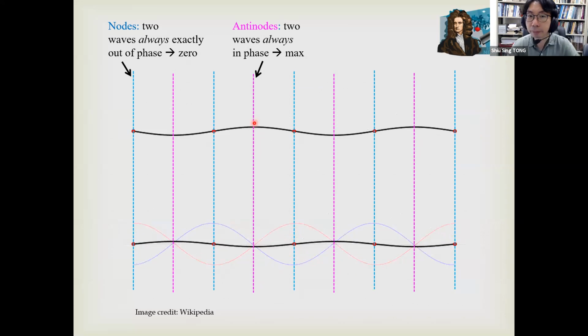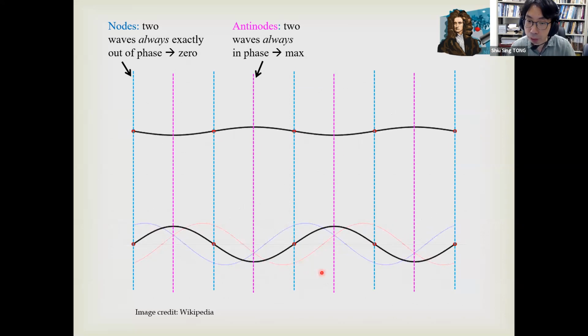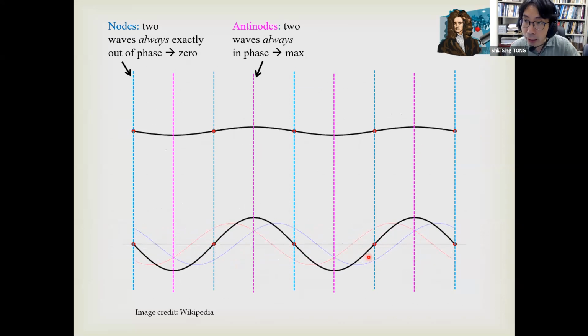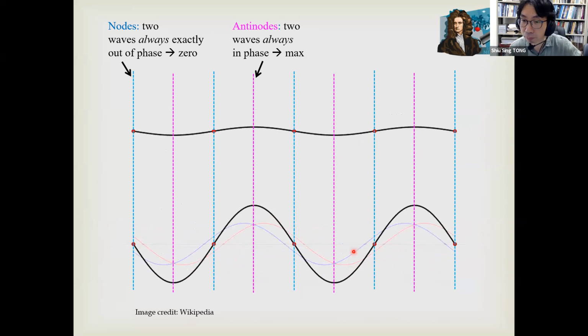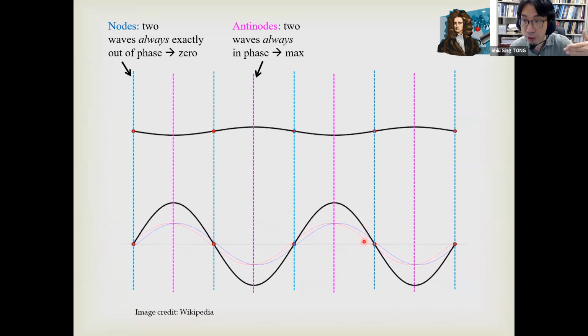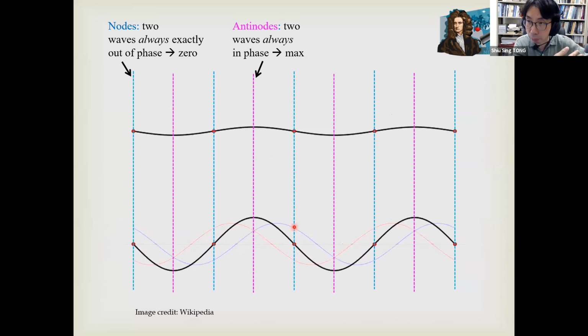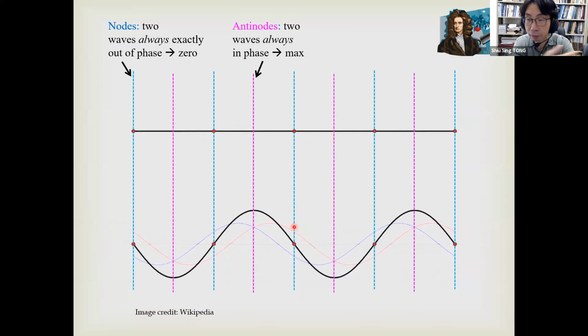Now the figures below show you why the standing wave pattern is formed. You consider two traveling waves in opposite directions. The red one is traveling to the left. The blue one is traveling to the right.